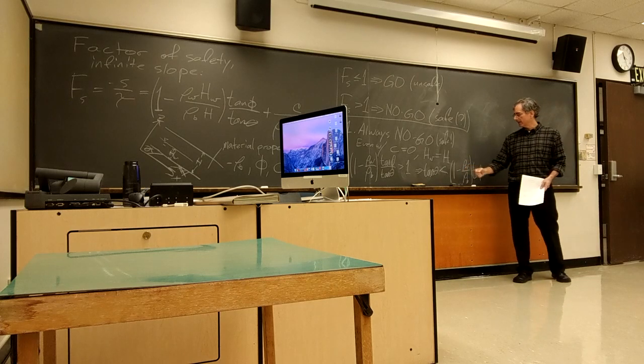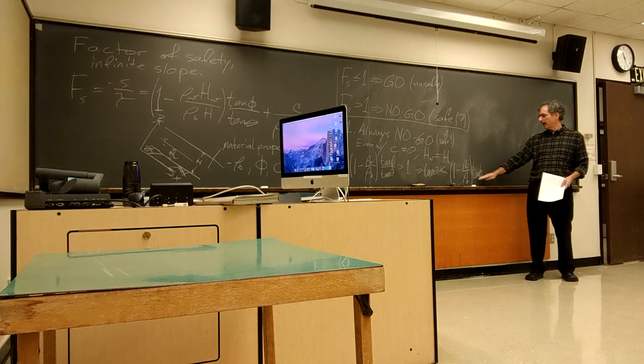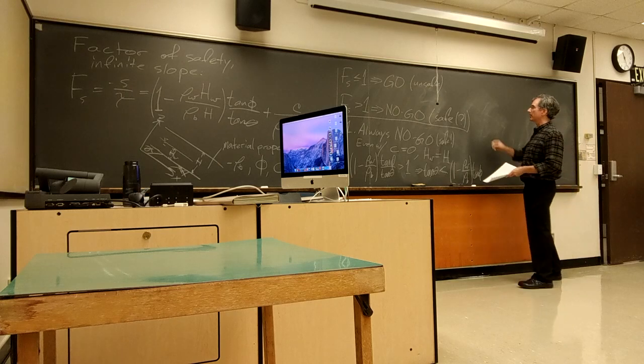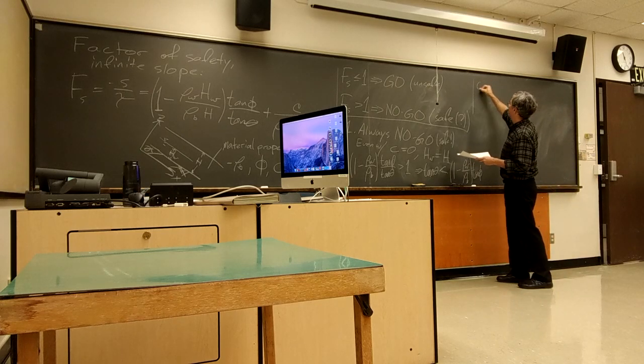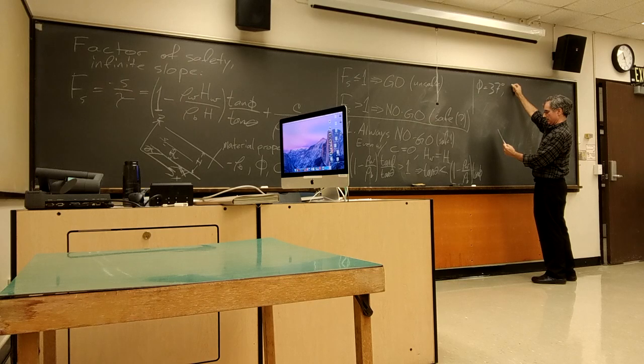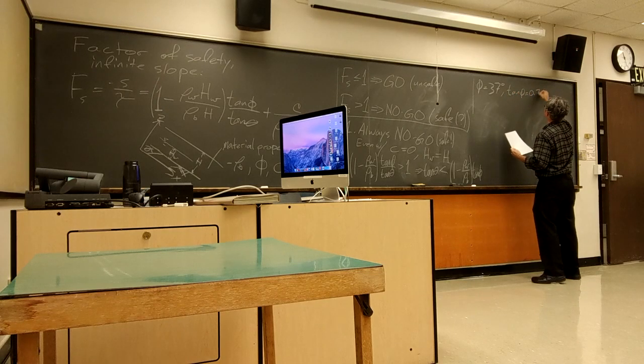So that means that as long as my slope is less than half of the friction slope, then I'm safe. Again, more specifically numbers, let's say that phi is 37 degrees, and so tan phi is 0.75.